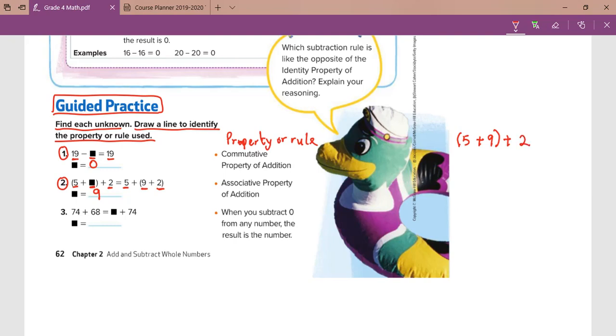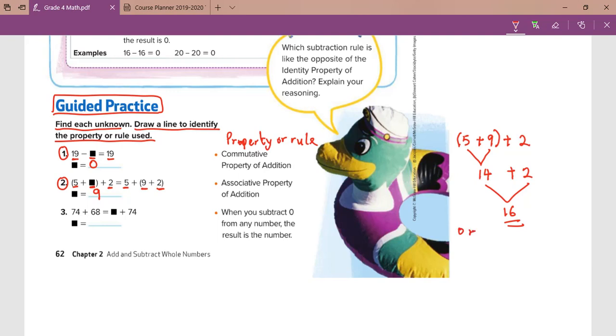Do what you have inside the bracket first. So we have 5 and 9 inside the bracket. 5 plus 9 is going to give you 14. Then bring the 2 down. If you do 14 plus 2, you get 16.